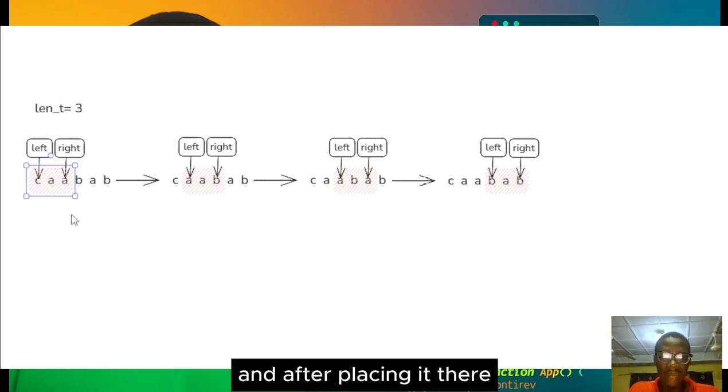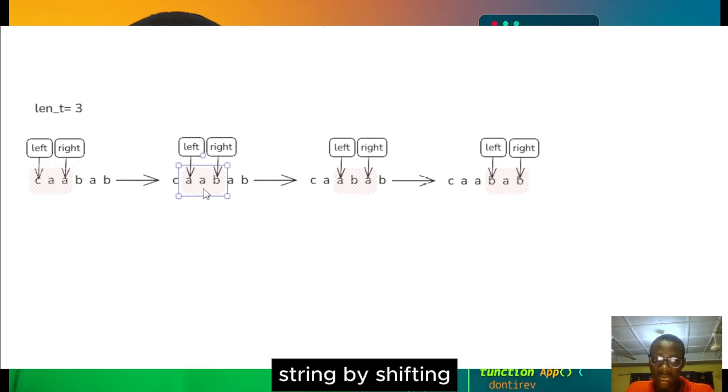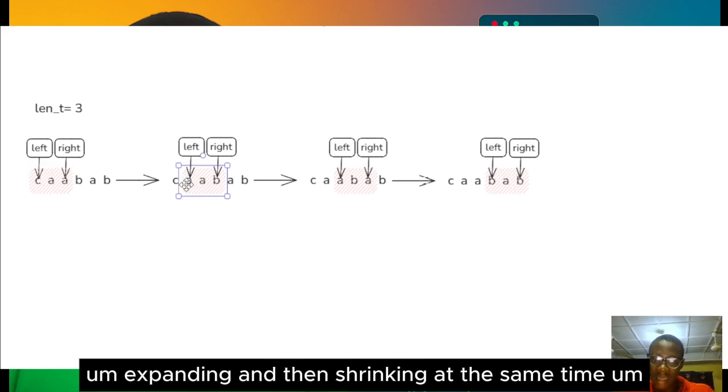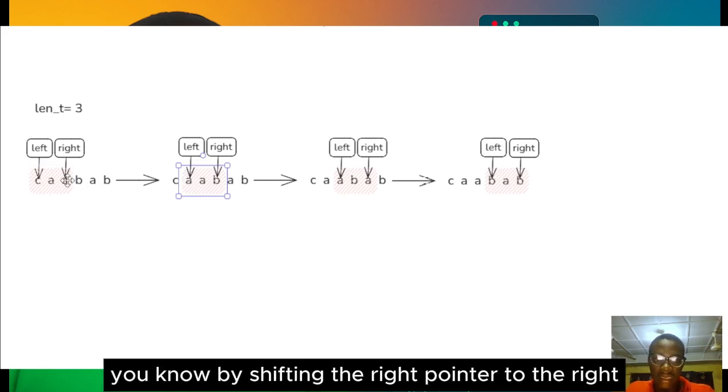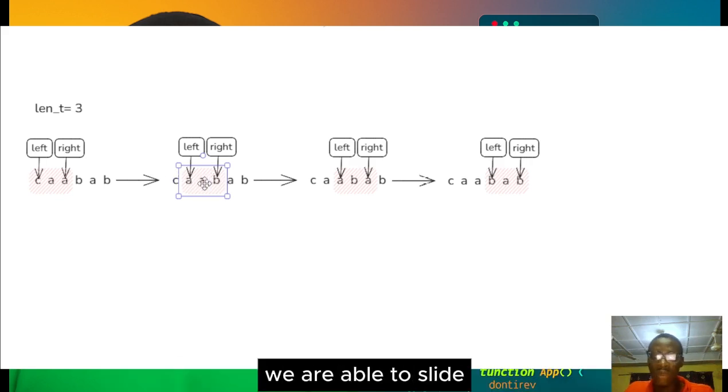After placing it there, we slide through the string by shifting the right pointer to the right and also the left pointer to the right, and that is how we are able to slide.